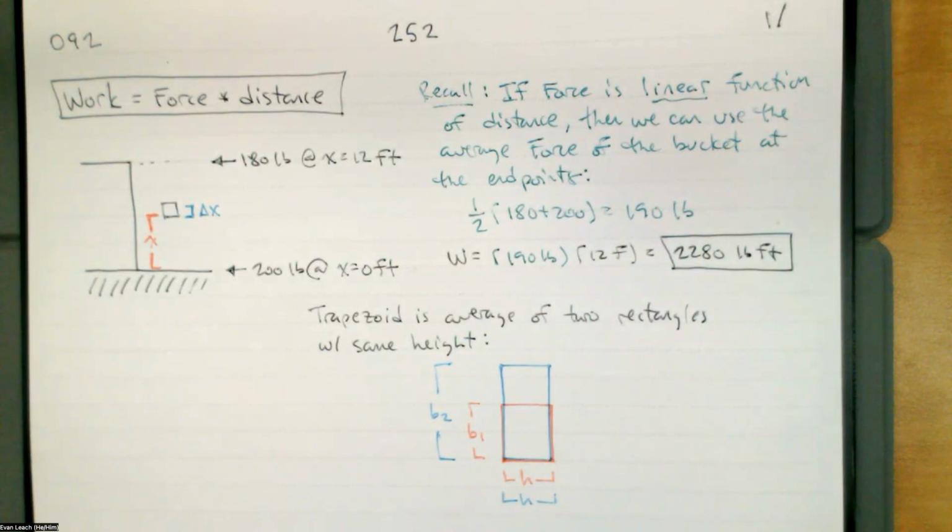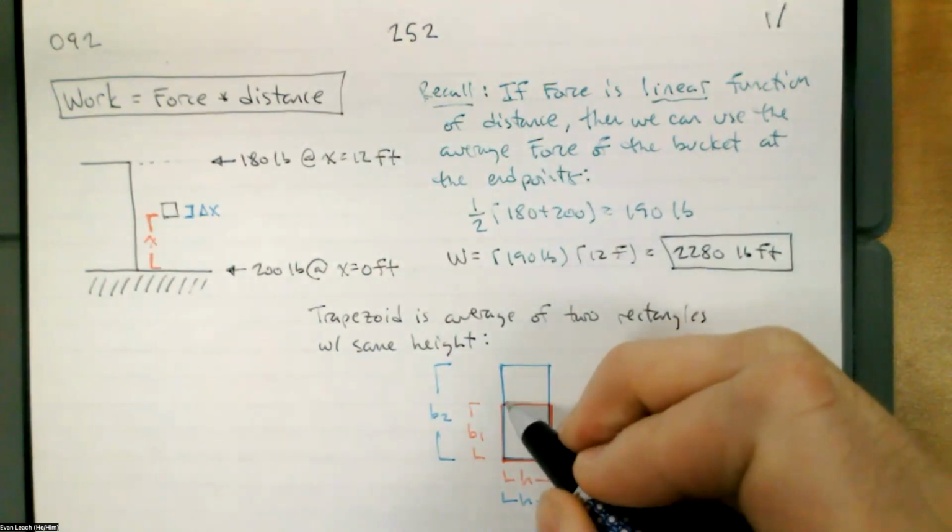And we can draw a trapezoid by connecting the two corners with a line. Here's our linear function.